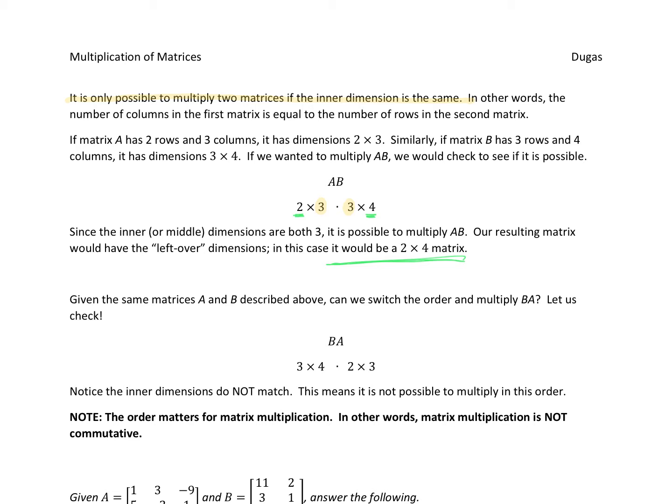If I want to multiply B times A, and I know that B is a 3 by 4 matrix and A is a 2 by 3 matrix, notice that 4 and 2 do not match. That means we cannot multiply B times A. So the order matters when you're talking about matrix multiplication. You have to make sure that you multiply in the order stated.